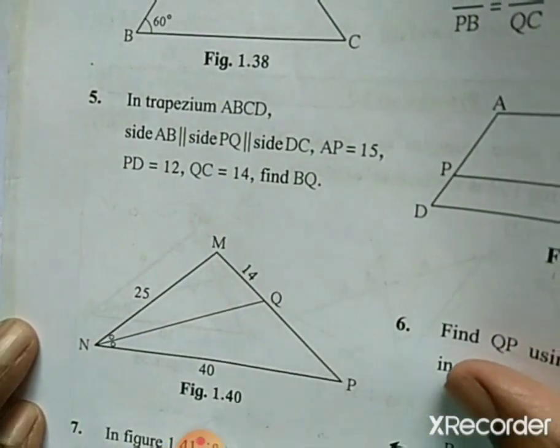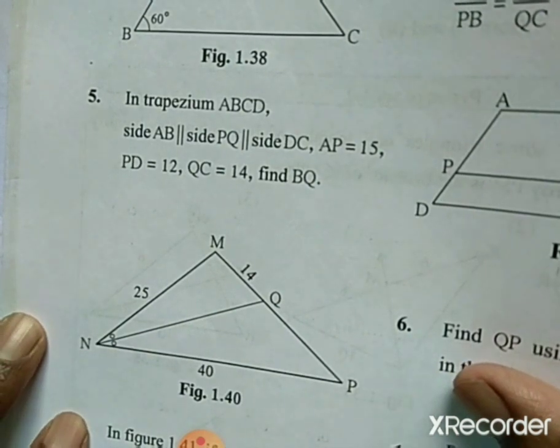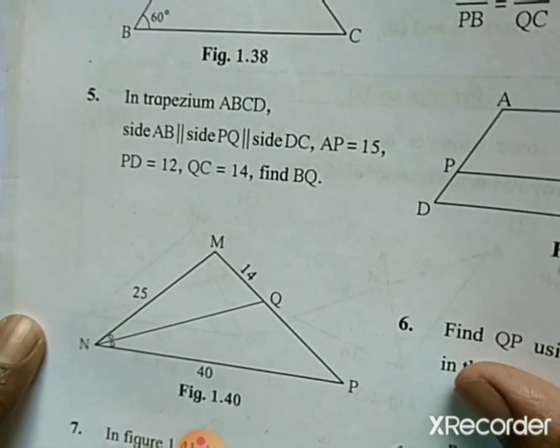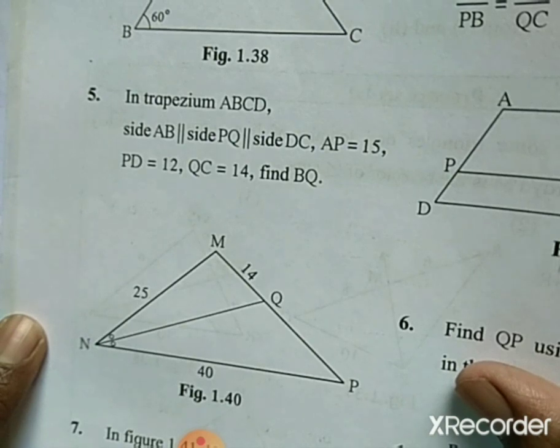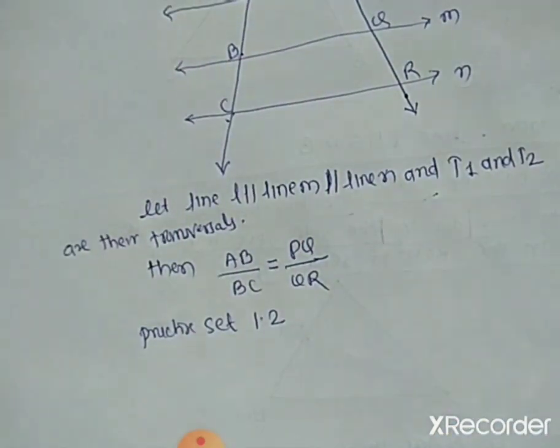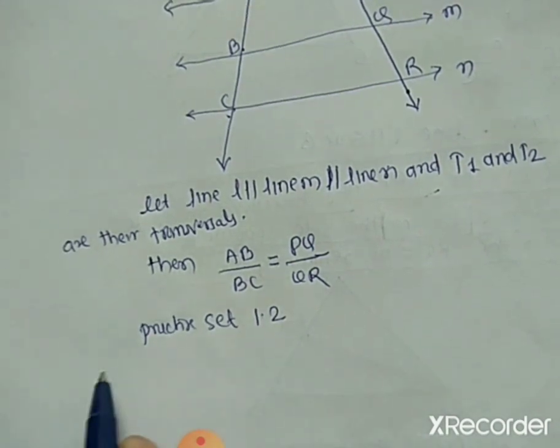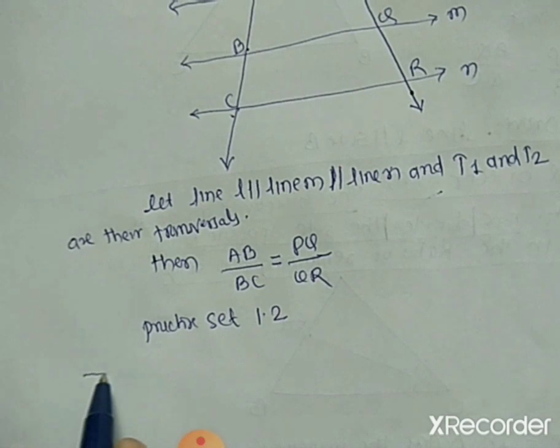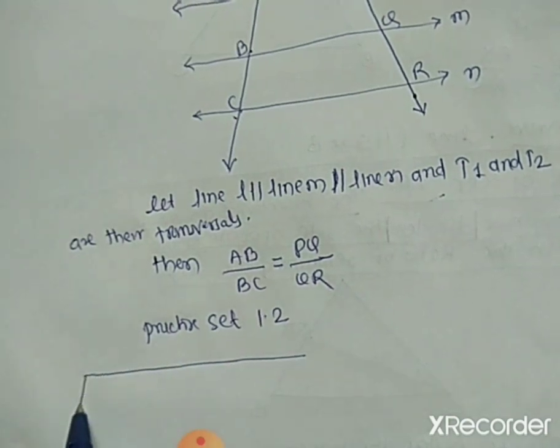In trapezium ABCD, side AB, side PQ, side DC are parallel sides. AP is equal to 15, PD is equal to 12, QC is equal to 14. Find the BQ. Now I have to draw the figure here. This is a figure. This is a trapezium.